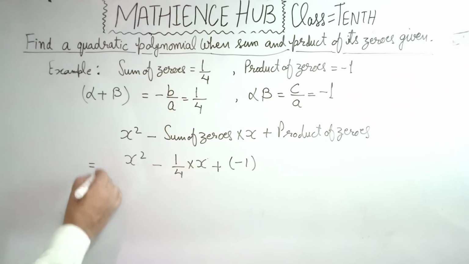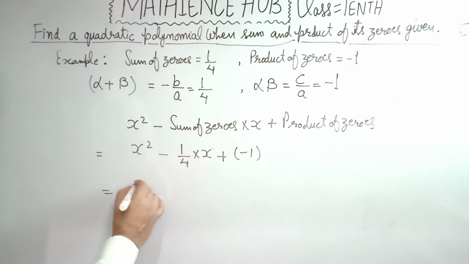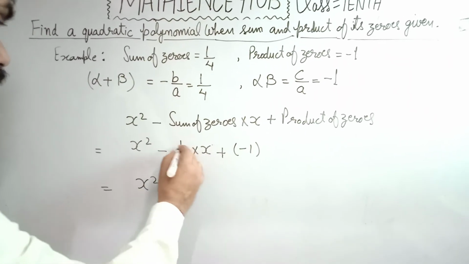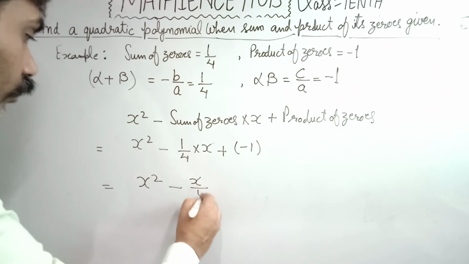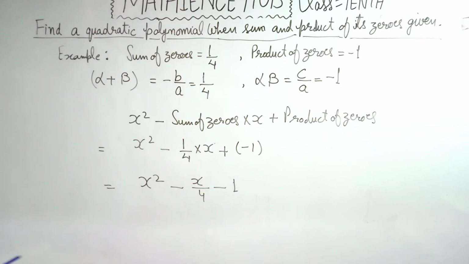Here we see x square minus x upon 4 plus minus 1.